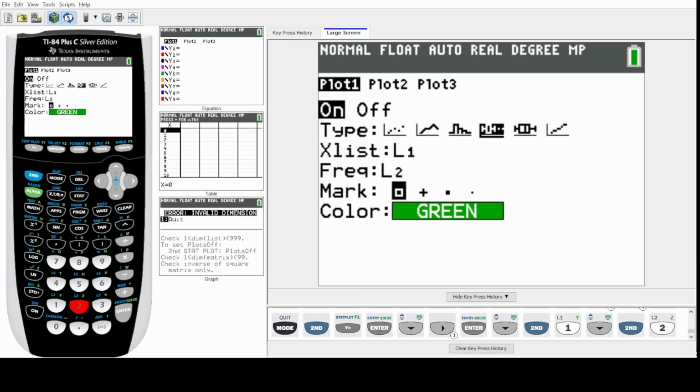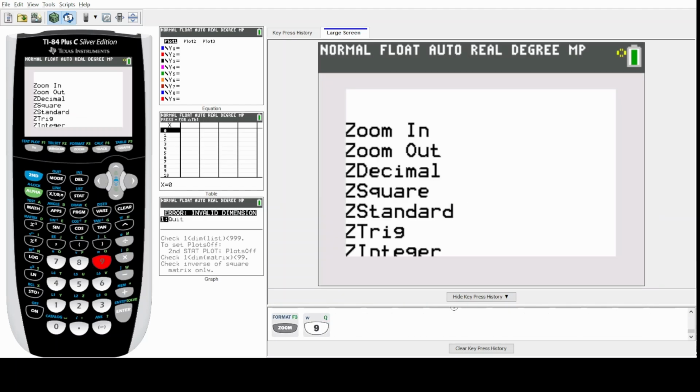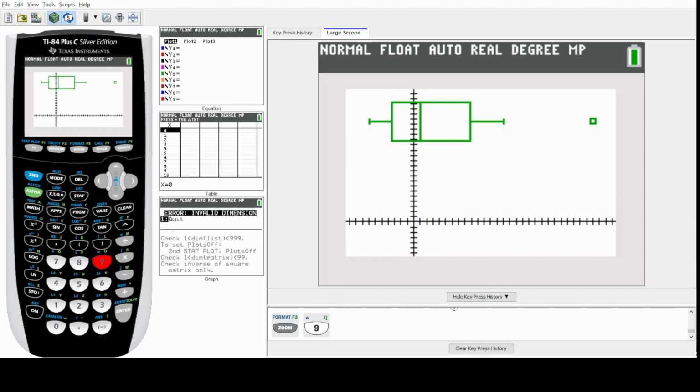As long as I specify those two things, I'm in good shape. So now let's go zoom 9, zoom stat, and I'll get my box plot. Perfect, and there's that one outlier, and the second greatest value is where my whisker ends there. That's a nice box plot.